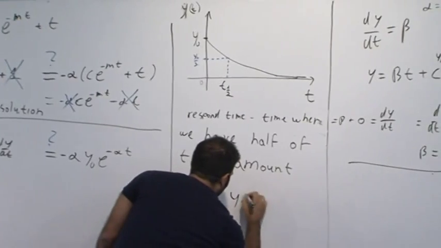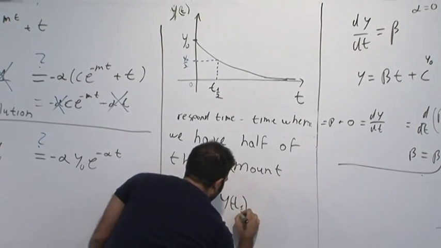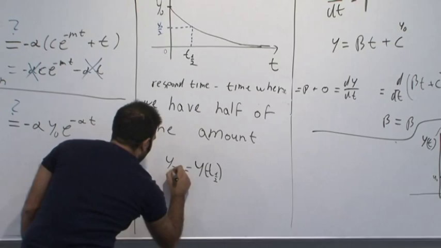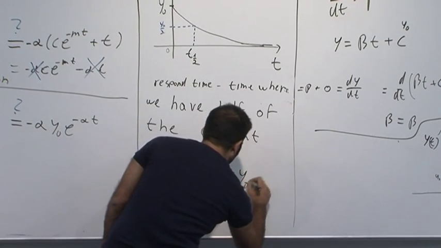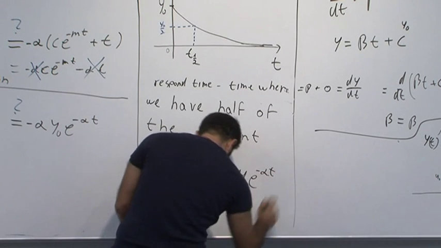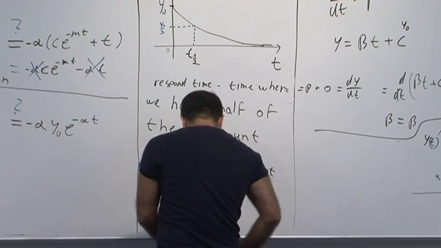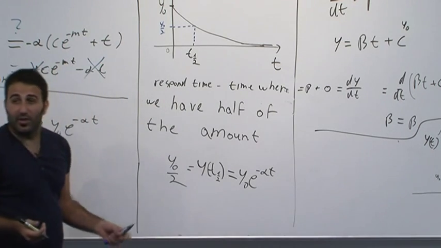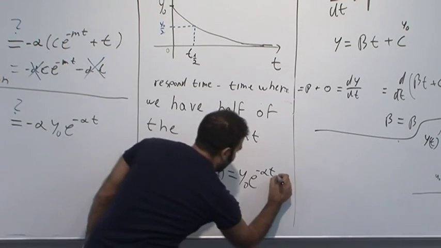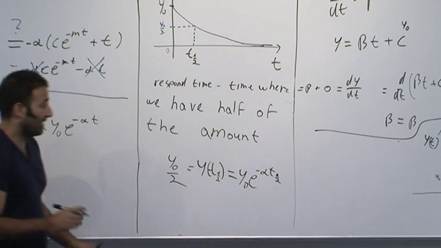Which means we demand y of t1/2 to be equal to f of the initial amount. So what can we do? How do we solve this equation? Now it's an algebraic equation.